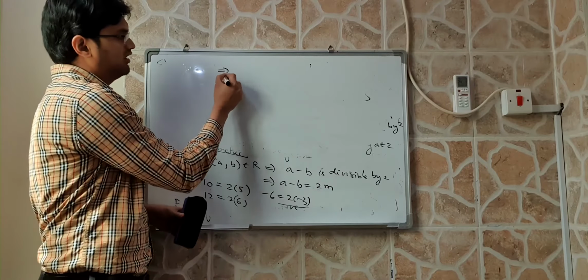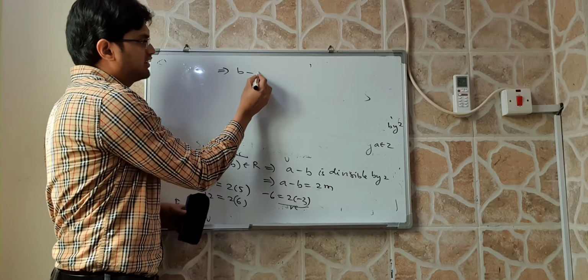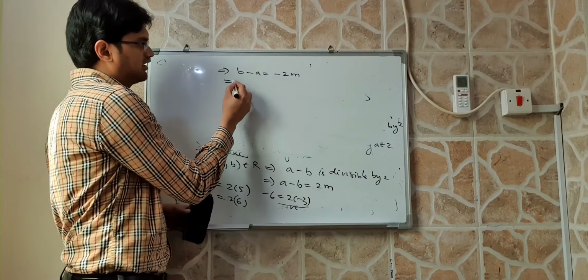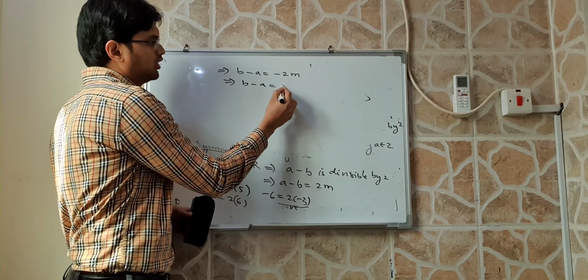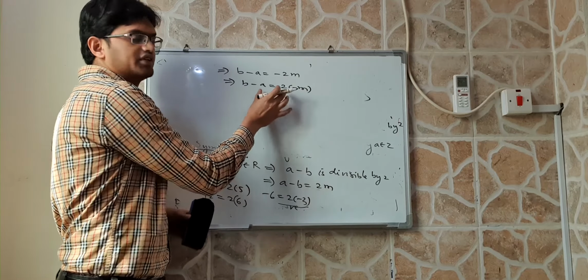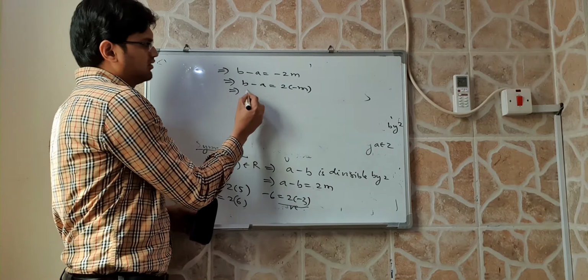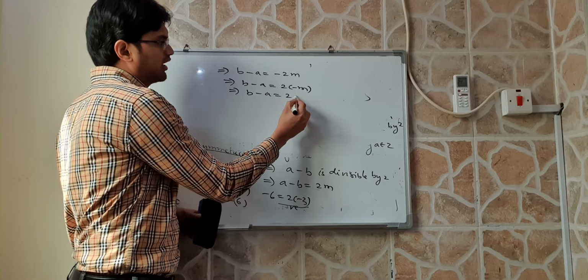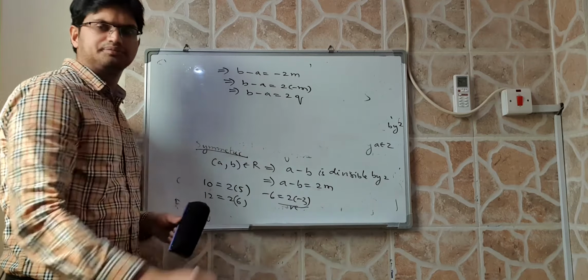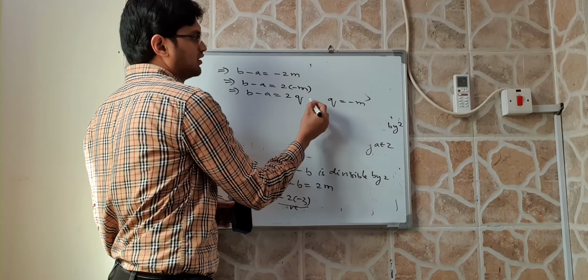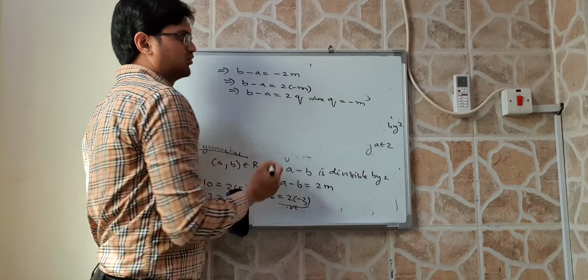This implies if I take b minus a, it will be minus 2m, which again I can write as b minus a is equal to 2 into minus m, which is again a multiple of 2. I can take b minus a is equal to 2q, let us say, where q is equal to minus m.